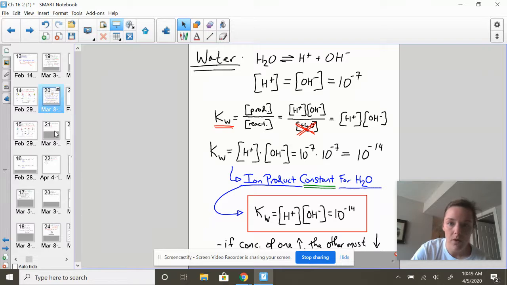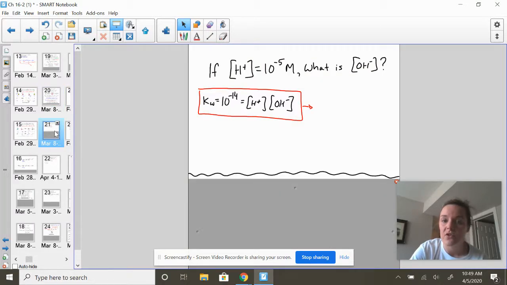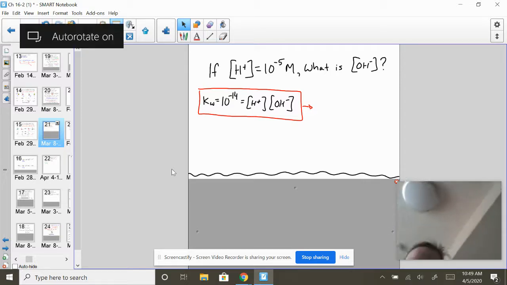Okay, so let's do an example to illustrate this. So if the concentration of hydrogen ions in some solution is equal to 10 to the negative 5th moles per liter, what is the concentration of hydroxide ions? And I like to use Jack's special little triangle.